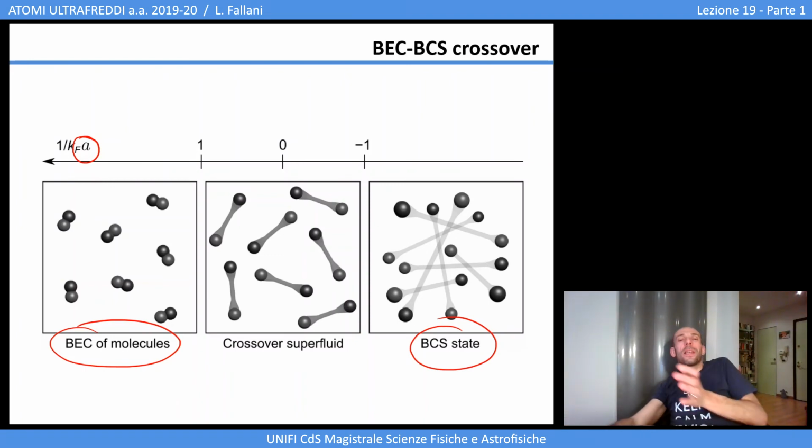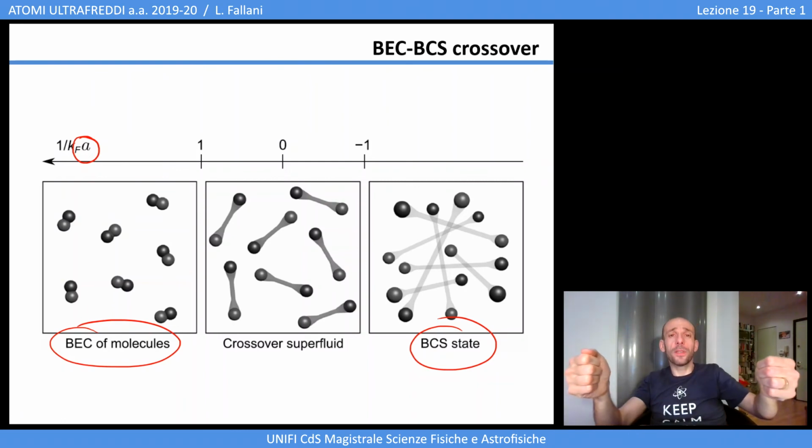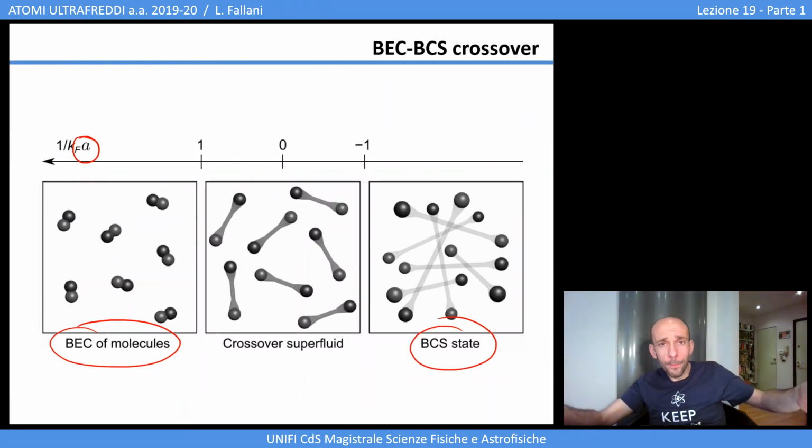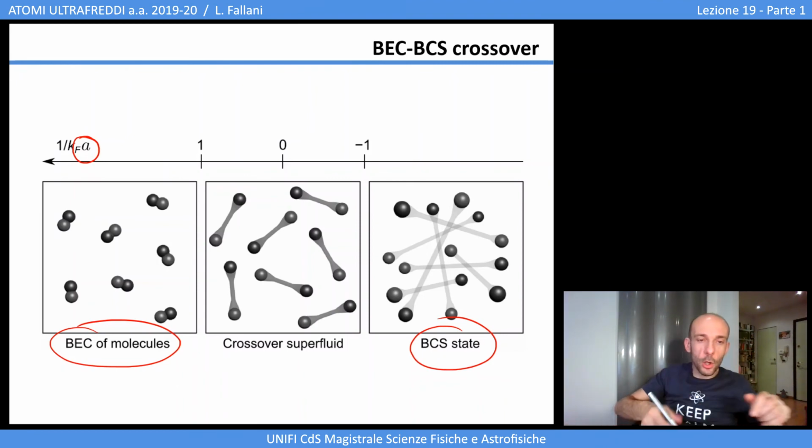In the BCS theory, you don't have Cooper molecules. Cooper pairs are just atoms that have some correlation between them because of attraction between them, but you don't have a real bound object in physical space. So here you have tightly bound molecules.